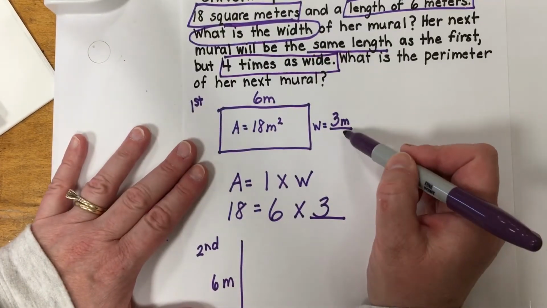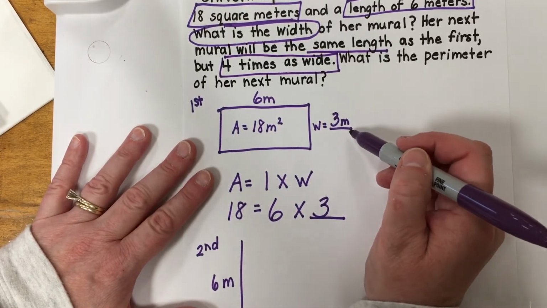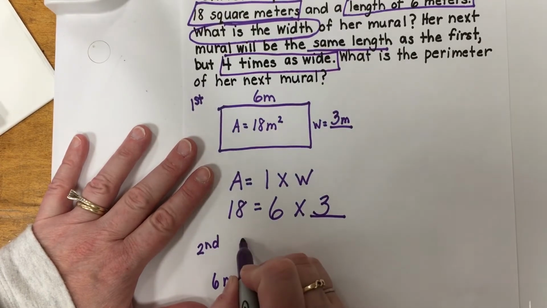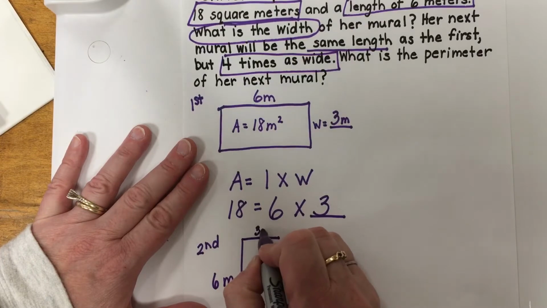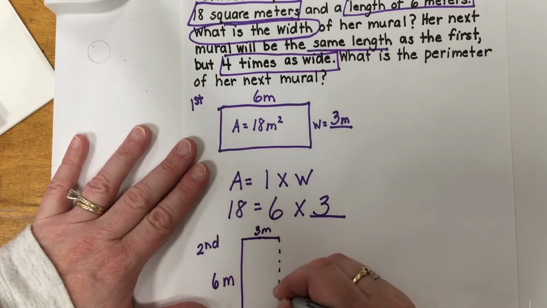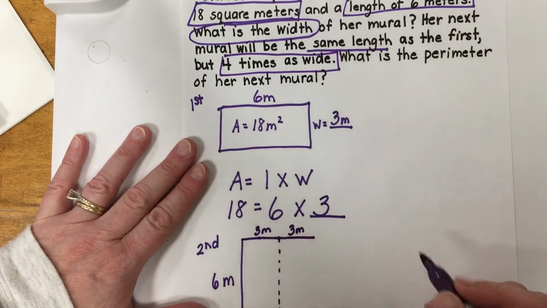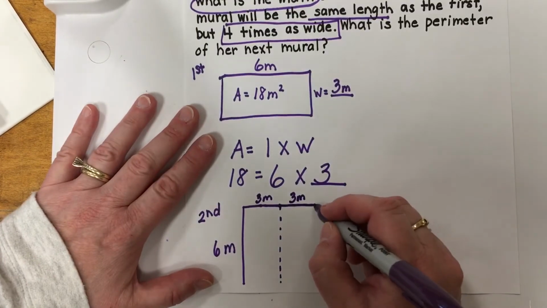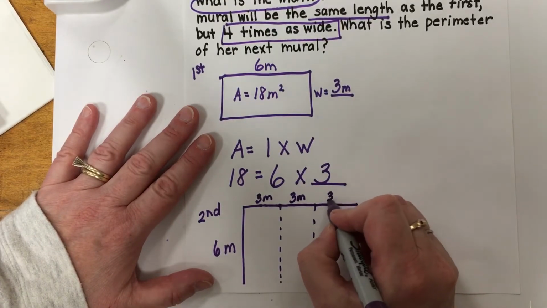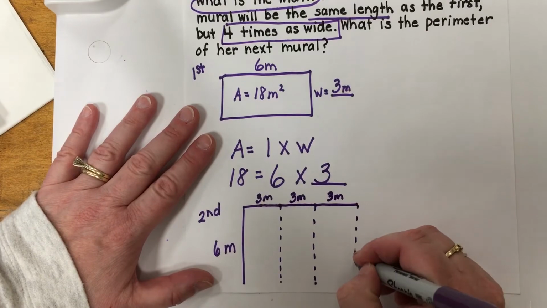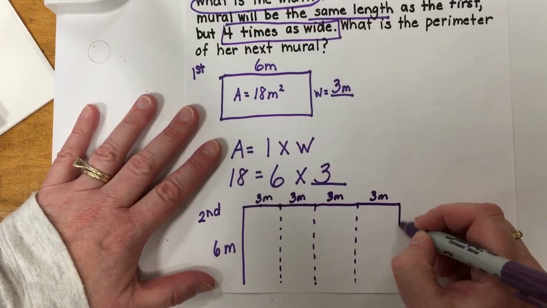Well, it was 3 meters wide, but I've got to do it 4 times as wide. So I've got one that is worth 3 meters. Another one, it's 2 times as wide. It's 3 times as wide.